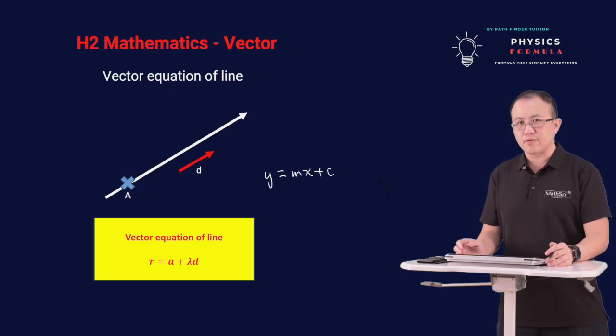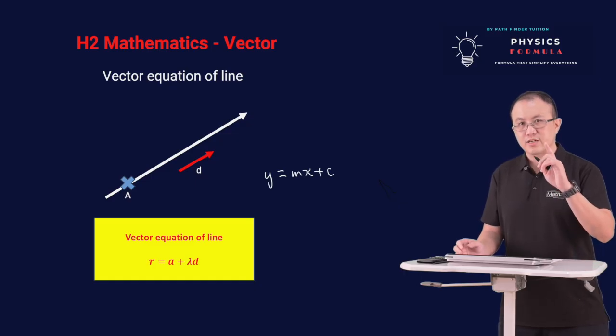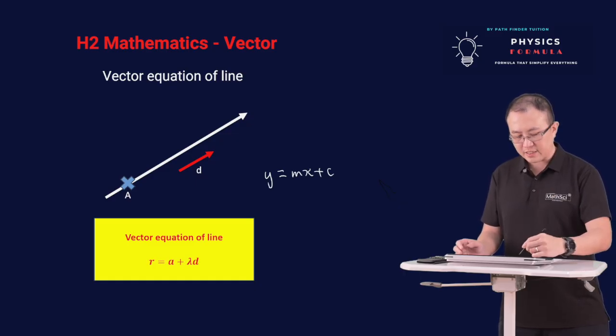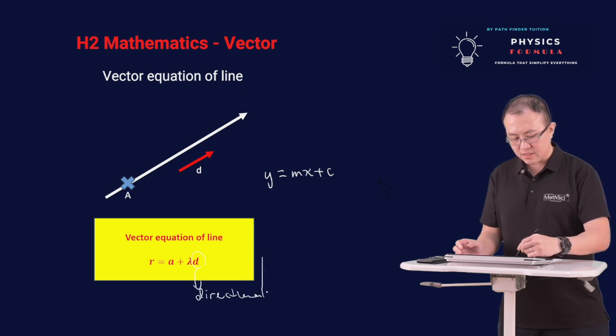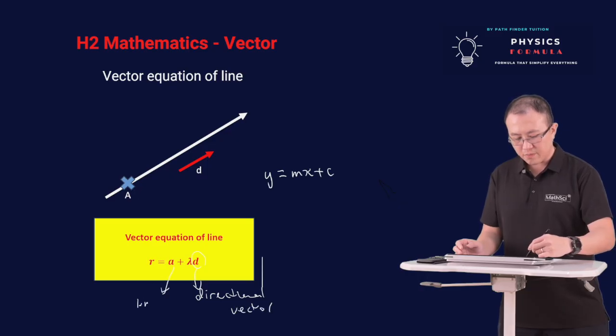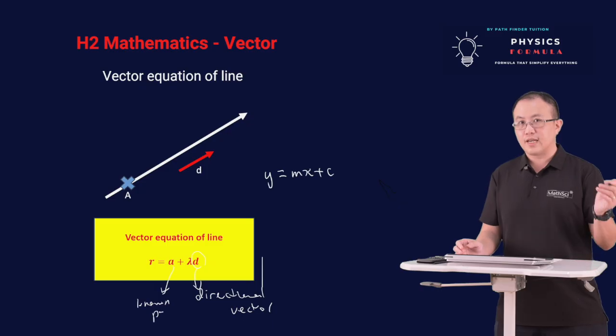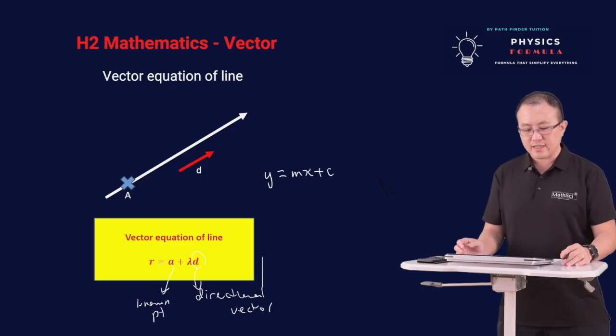For the equation of the line, it's the same for vectors. You also need a direction, which is given by this d, called the directional vector, and this a, which is a known point on the line itself. So collectively, it will be like your y equals mx plus c.